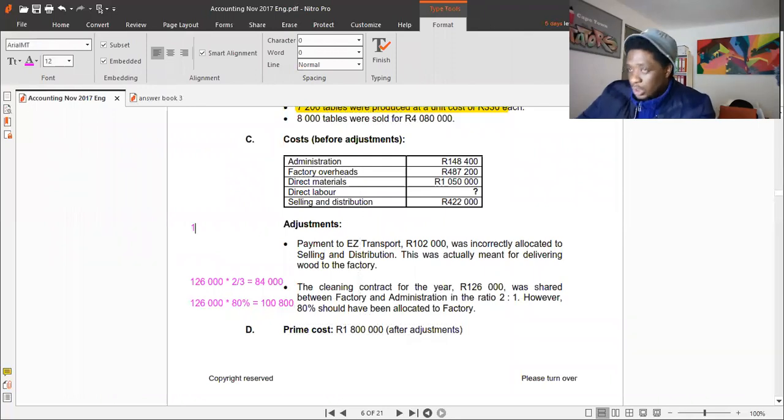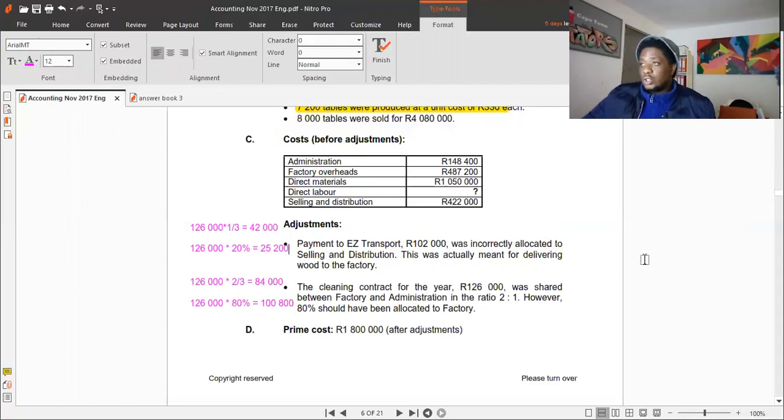What we included in administration would have been 126,000 multiplied by 1/3, and that would have been 42,000. But what you actually should have included is 126,000 multiplied by 20%, which would have been equal to 25,200.